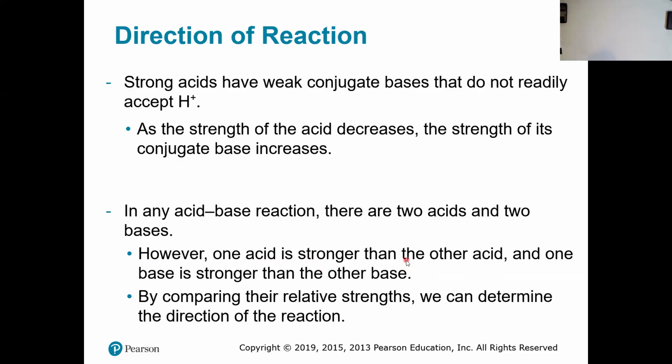Okay, so if you have a strong acid on your left side, you're going to have a very weak conjugate base on your right side. If you have a very weak base on your reactant side, you'll have a very strong conjugate acid on your product side. That's how that's going to work. But you can compare your acids and your bases and the strength of them to figure out which way your reaction is likely to proceed.